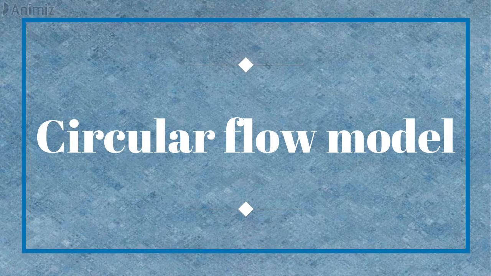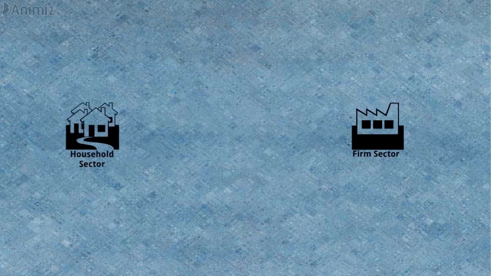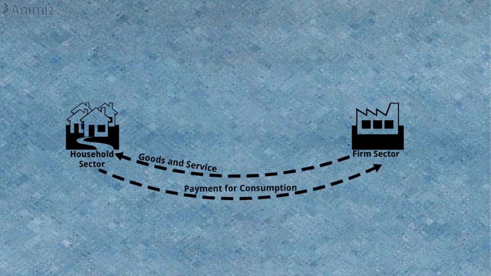Now let's take a look at a diagram in which how all the sectors in an economy interact with each other and how the money flows among them. Now let's start with two of the major sectors of an economy. They are household sector and firm sector. We know that firm sector provides goods and services to household sector, and in return household sector will make payment for the consumption.